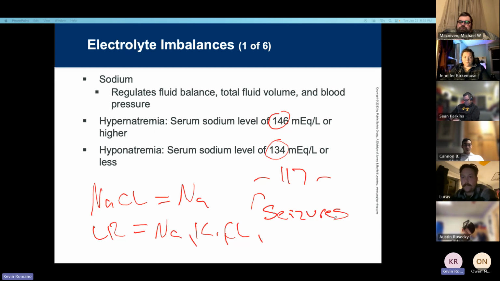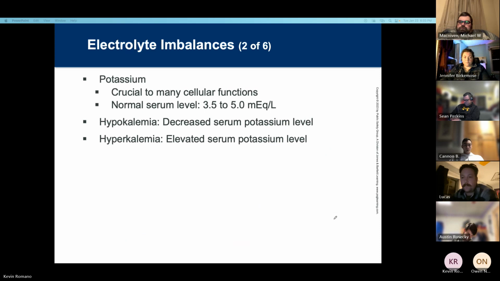Another important electrolyte that we have in our body is potassium, and I'll put a little K next to it. Potassium has a positive charge, but potassium is done with a K. Crucial to many cellular functions. The normal serum level of potassium ranges 3.5 to 5 milliequivalents per liter. Hypokalemia is a decreased serum potassium.